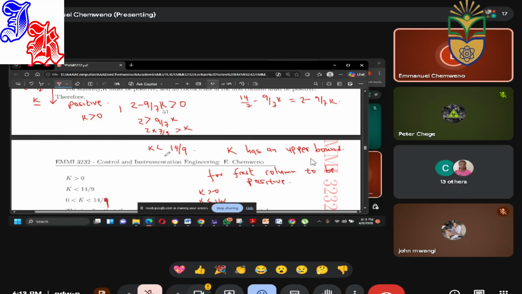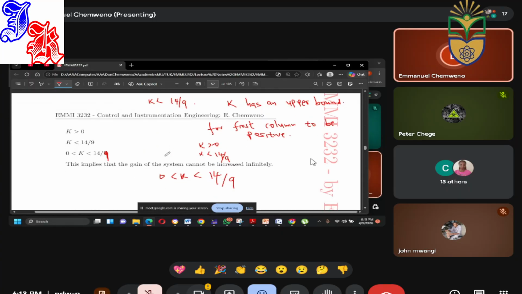So that's an application of root locus in feedback systems.